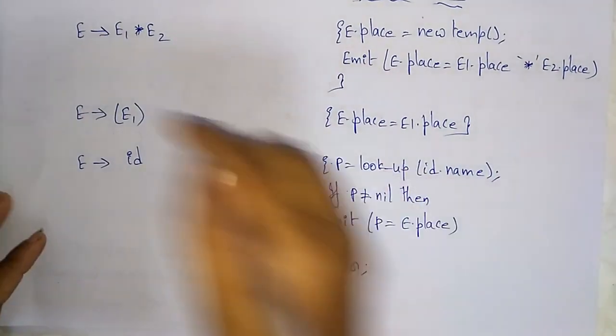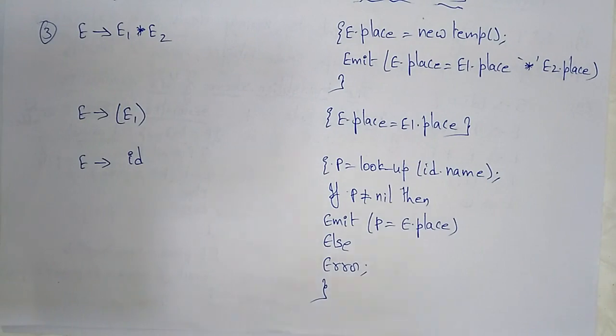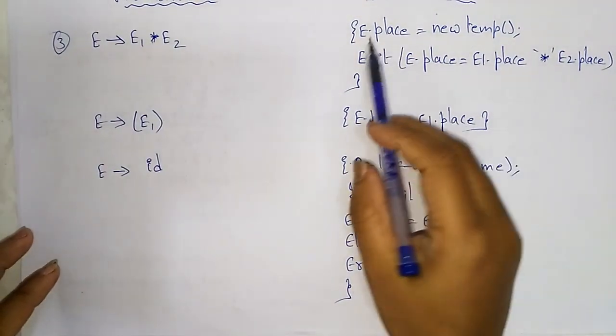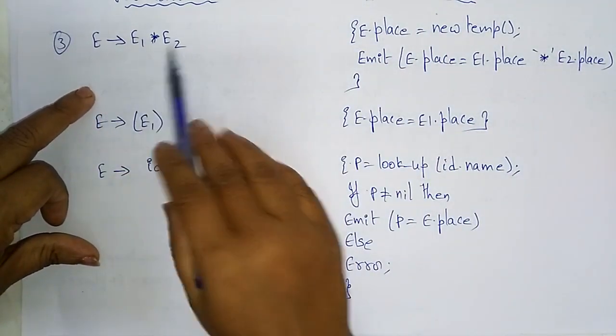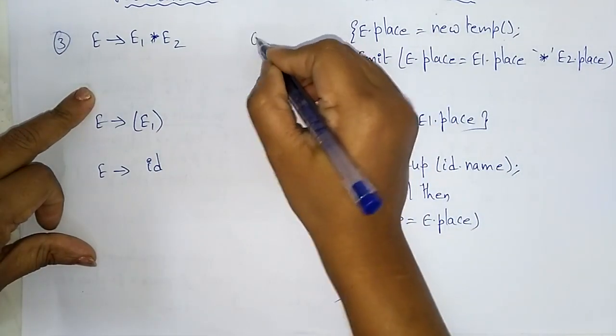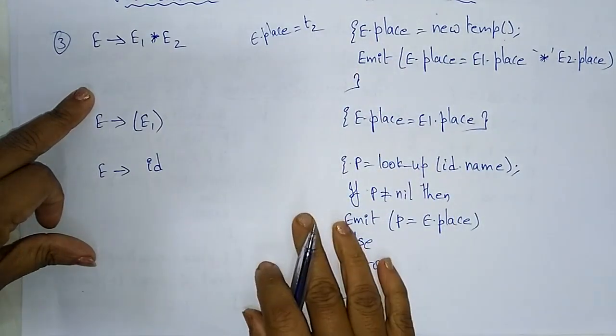Now let's see the third production: E determines E1 into E2. What is the action for this production? Just like E1 plus E2, E1 into E2 is also the same. E dot place is equal to new temp, meaning E dot place is assigned a new temporary variable, let's take T2.